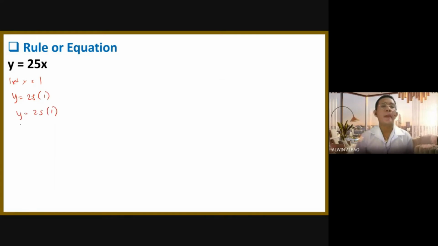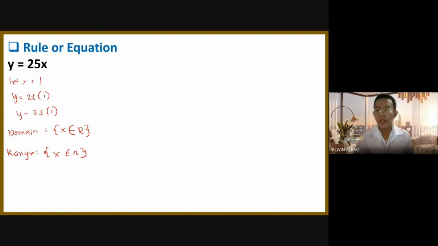Okay, so domain natin is the element of all real numbers. So, meaning to say, domain natin is element of real numbers. It's either negative number, 0, or positive number. Then, our range is also the elements of all real numbers.